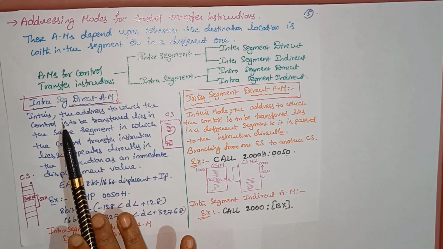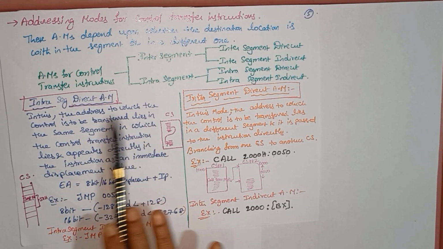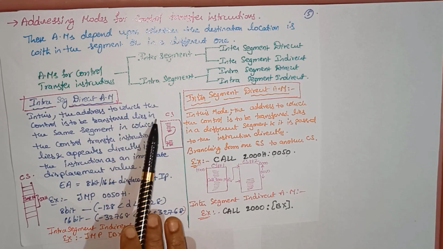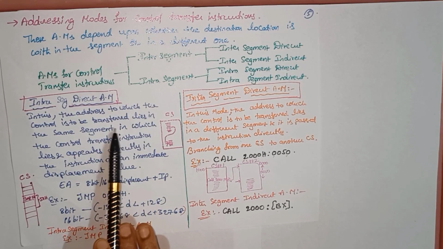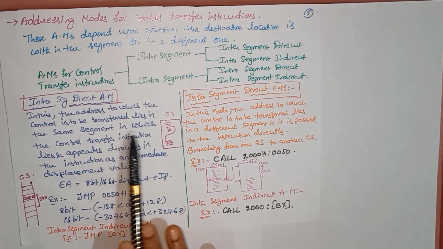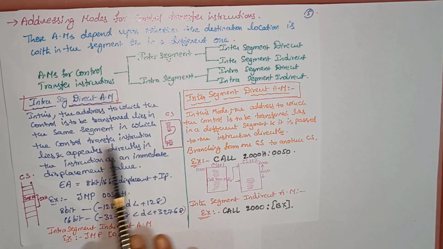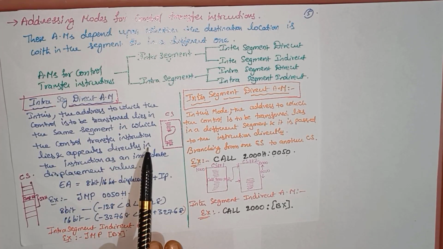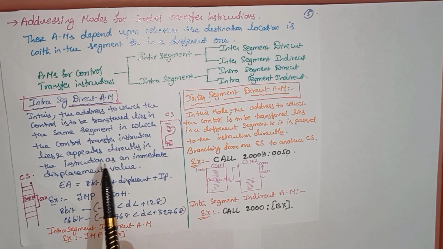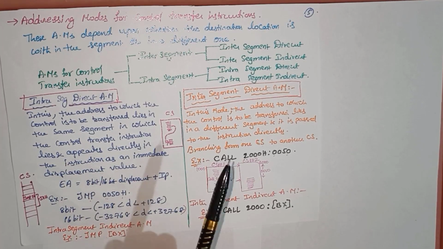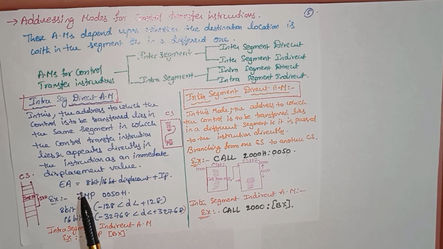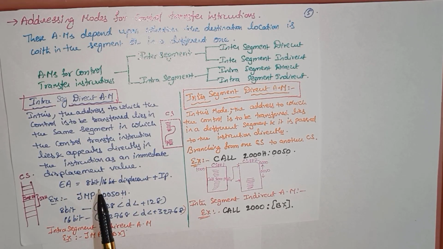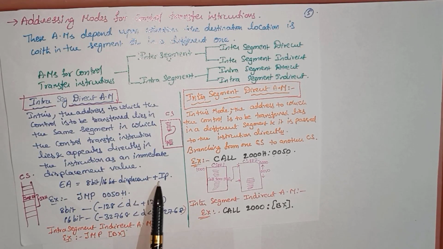In this addressing mode, the address to which the control is to be transferred lies in the same segment in which the control transfer instruction lies, and appears directly in the instruction as an immediate displacement value. Effective address is either the 8-bit or 16-bit displacement plus IP.